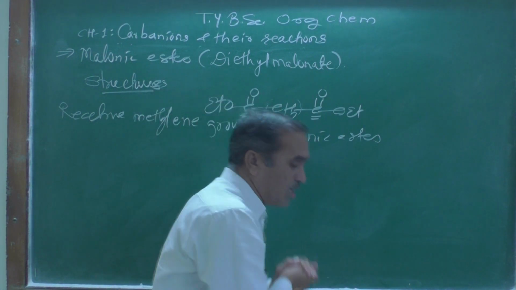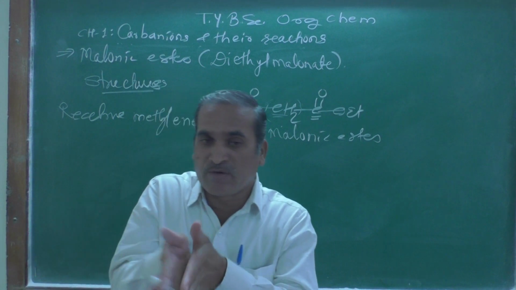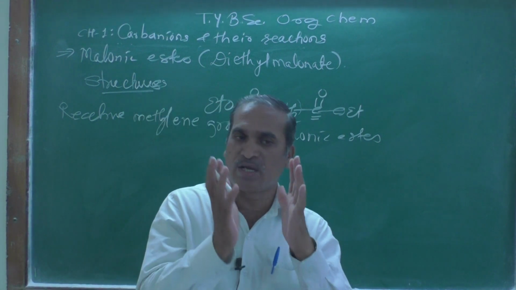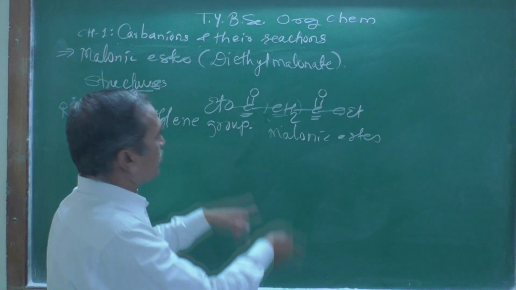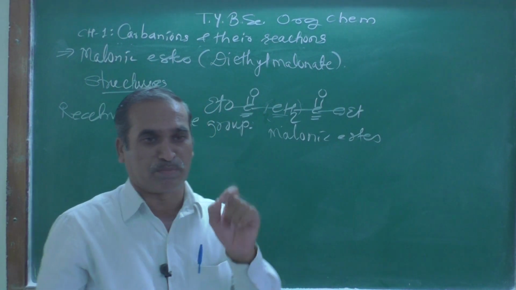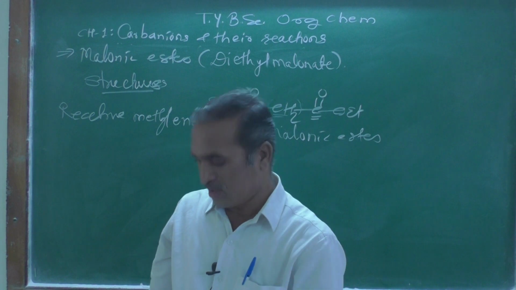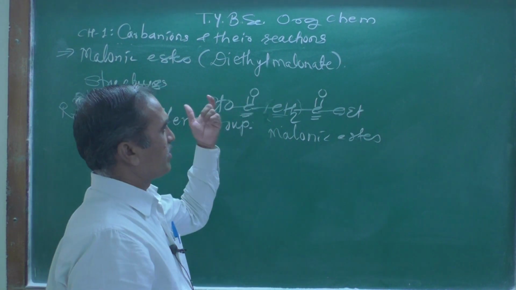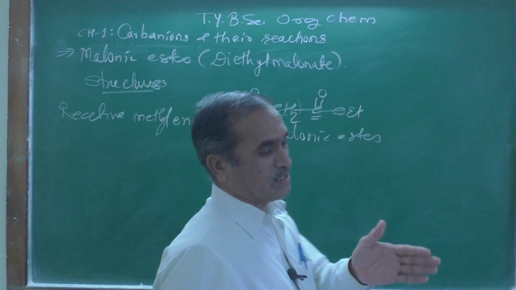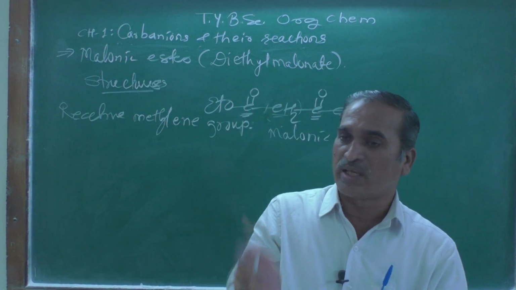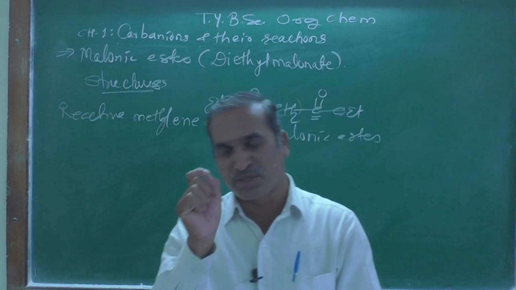This methylene group is flanked in between two electron withdrawing groups, and therefore the hydrogens present there are highly acidic, and by using a base we can generate the carbanion.